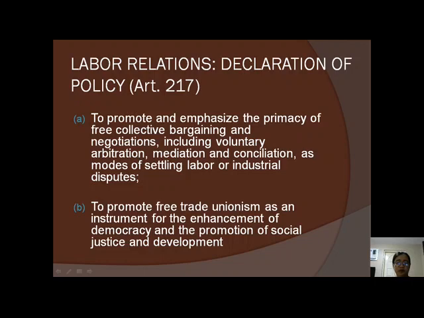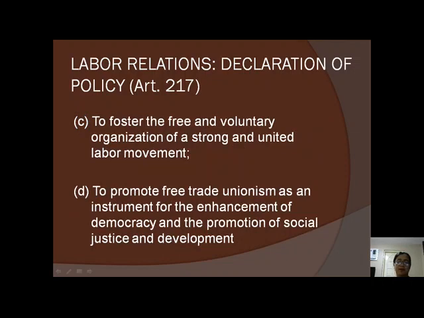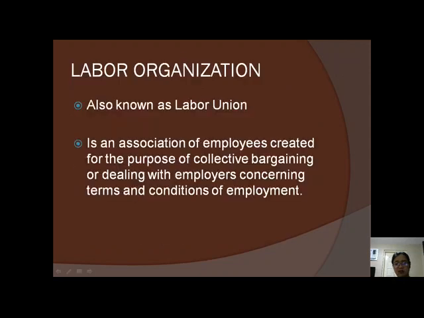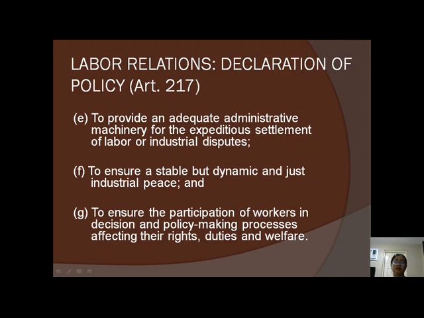Second is to promote free trade unionism as an instrument for the enhancement of democracy and the promotion of social justice and development, and to foster the free and voluntary organization of a strong and united labor movement, to provide an adequate administrative machinery for the expeditious settlement of labor or industrial disputes, to ensure a stable but dynamic and just industrial peace, and to ensure the participation of workers in decision and policy-making processes affecting their rights, duties, and welfare.